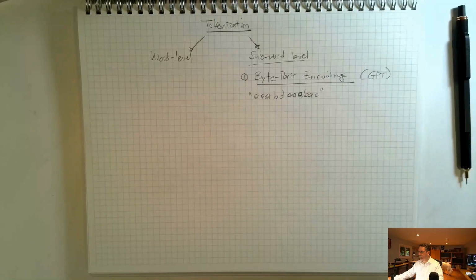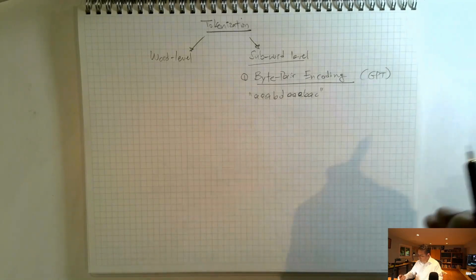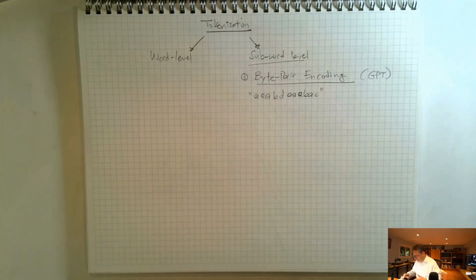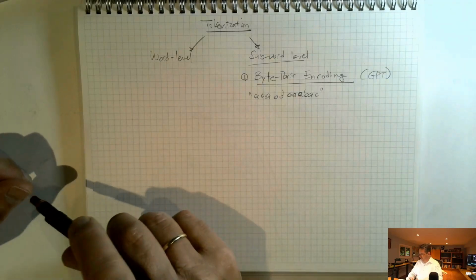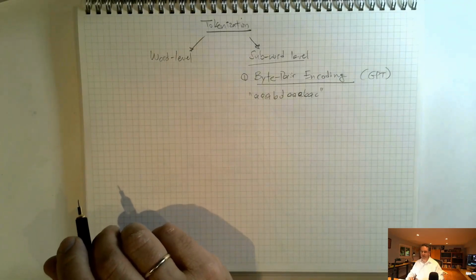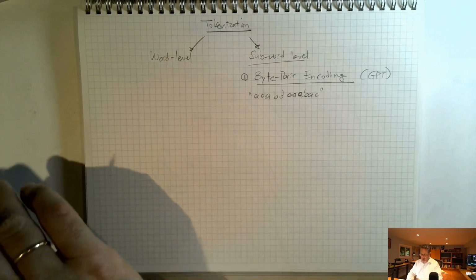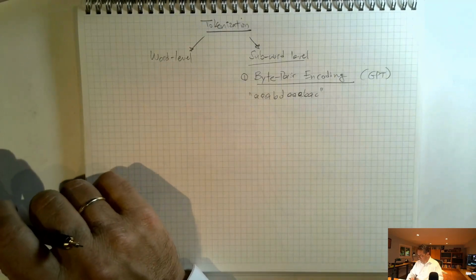To explain byte pair encoding, a variant of which is used in the GPT type of auto-regressive language models, I should mention from the get-go that it is a compression technique. It was invented back in 1994. You have probably also heard of other similar compression techniques such as LZ coding, and it goes as follows.